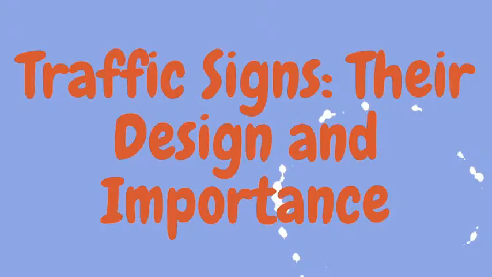The role of traffic signs. Traffic signs are essential tools for regulating, warning, and guiding road users. Their primary purpose is to ensure road safety by conveying important information in a clear and concise manner.